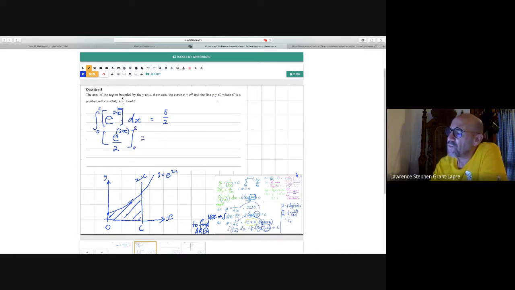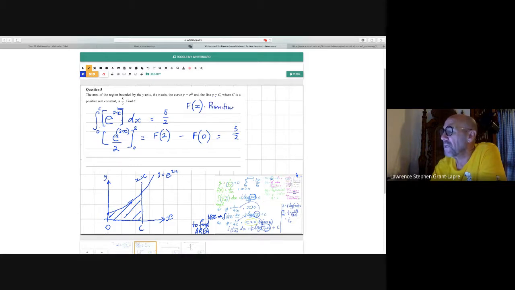Now what we do is we substitute c into that value, and we substitute 0 into that value, and we will get 5/2.